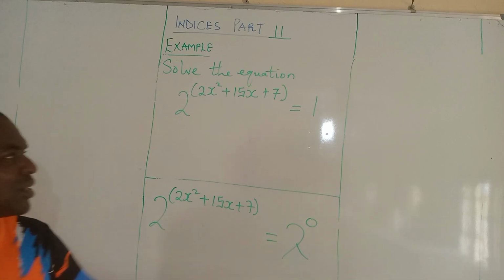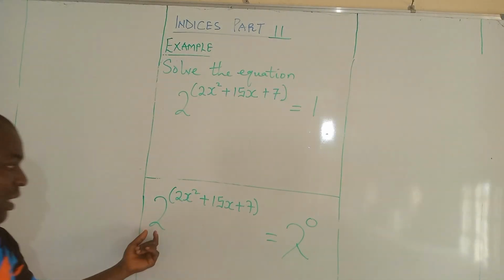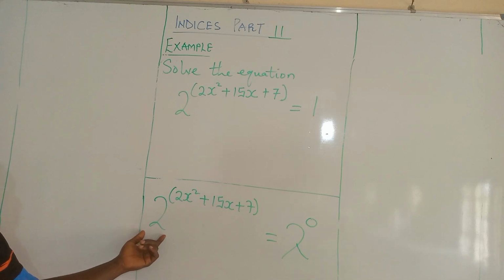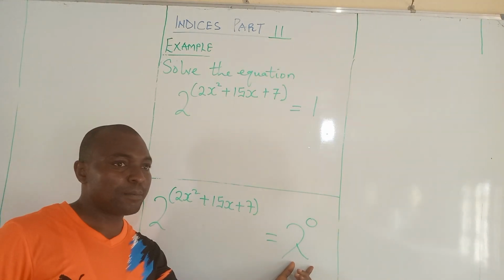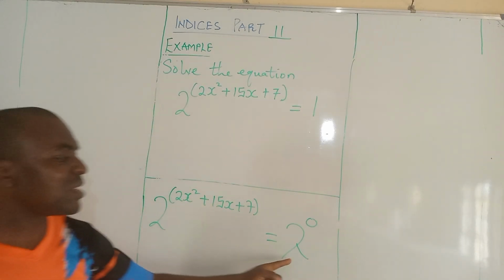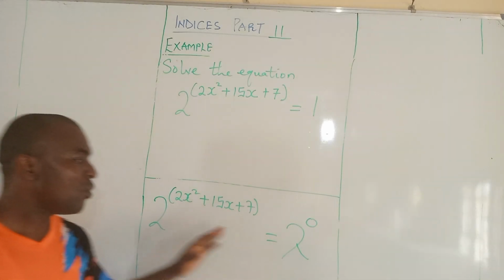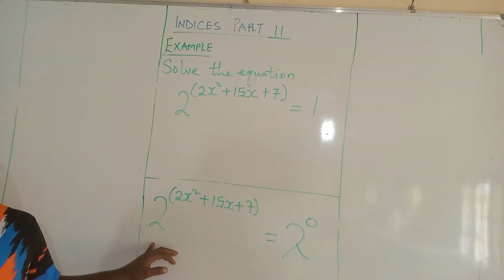And why did I change it from this form to this form? The left hand side, we have base 2, so I also need base 2 in this side. Assuming the left hand side was base 5, that means I will express this as 5 raised to power 0, so that the base in the right hand side will be the same as the base in the left hand side.